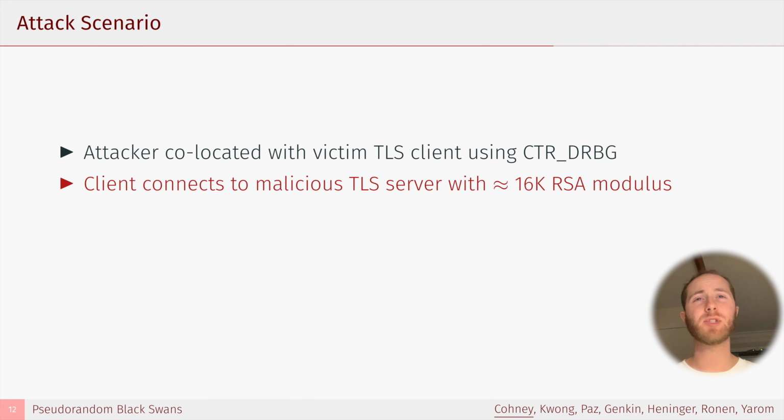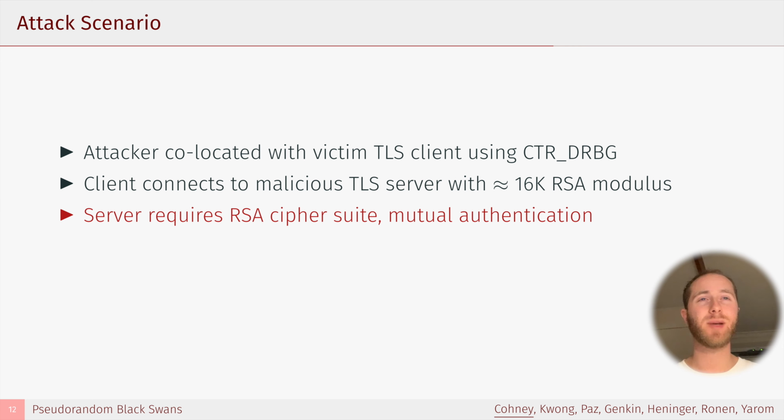The client must subsequently connect to the attacker's malicious TLS server, which will serve a 16K RSA modulus. This server requests that the client use an RSA cipher suite, and further requires that the client authenticate itself according to the TLS spec.